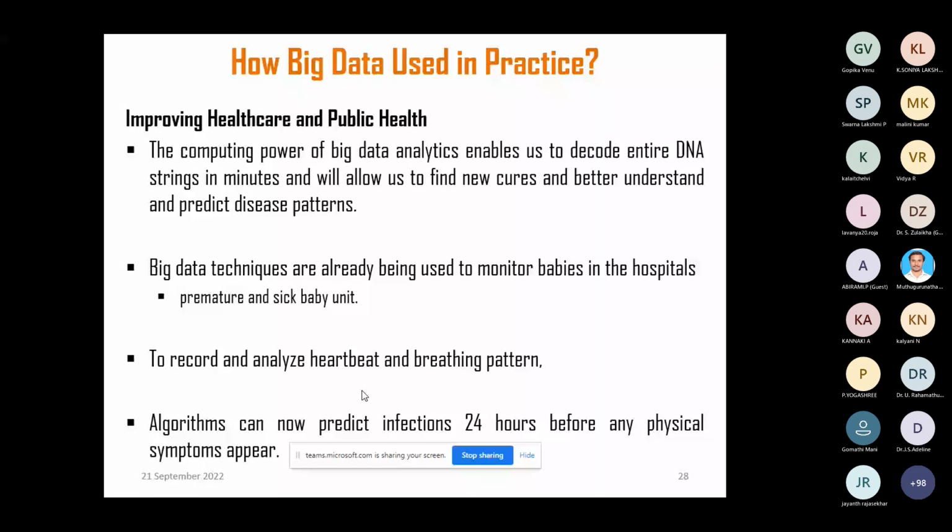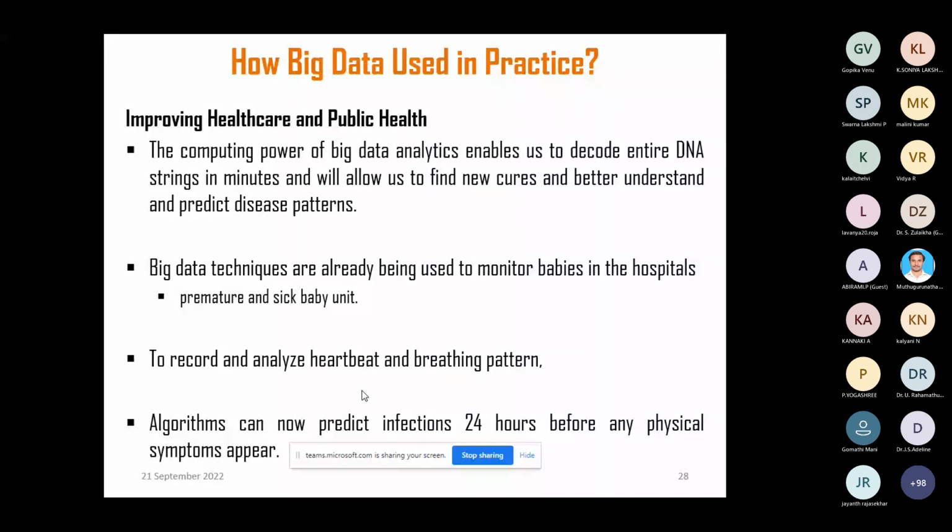This industry has started using big data platforms as computational power drastically increased, where you can think about the entire DNA sequence being analyzed, and that could help doctors understand the nature of the disease and better treat patients in advance. So predicting a particular disease pattern can be very well analyzed.